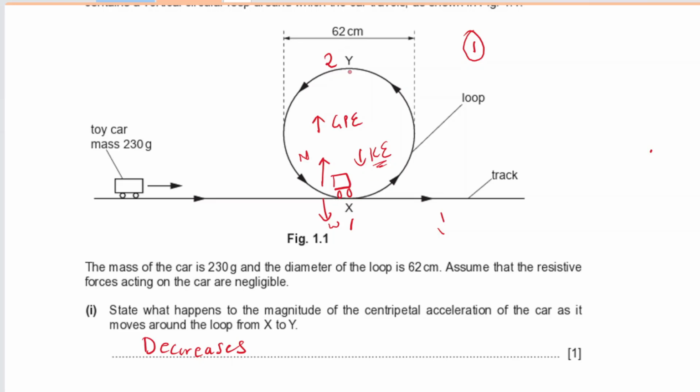Okay, and when the car reaches over here, then the W is still going down, and the normal contact force will also go down. So this time the normal contact force will be together with the weight. Okay, so let's write these two equations. Position number 1, we have normal contact force and we have weight.